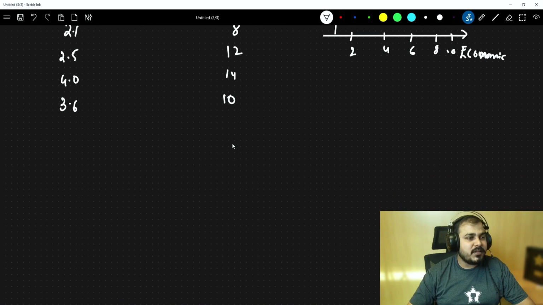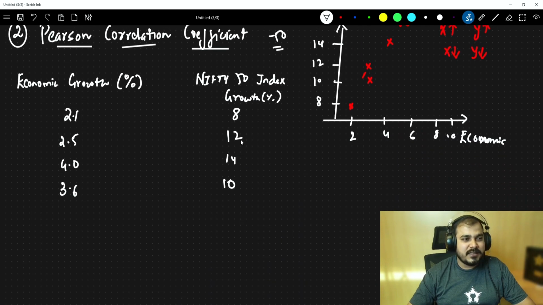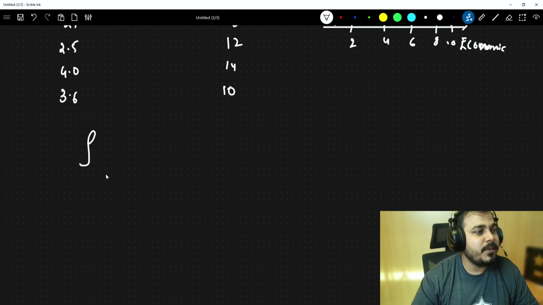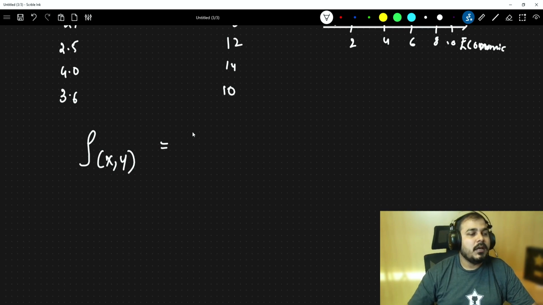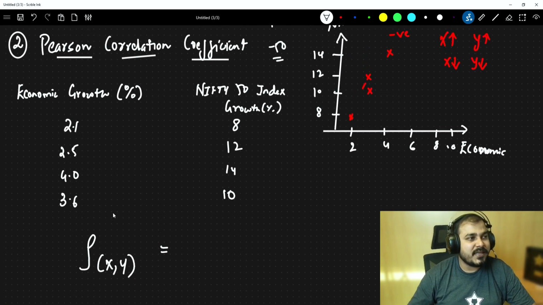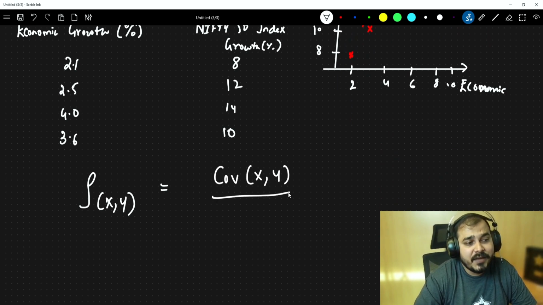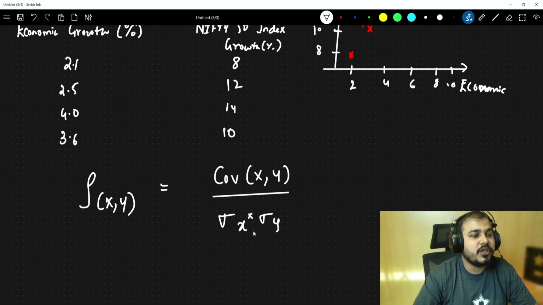So in order to overcome this disadvantage, we basically use the Pearson correlation coefficient. Now let's see how it is implemented. First of all, we'll discuss the formula. Pearson is given by this symbol, the Pearson correlation coefficient of x comma y, and the formula is very simple: covariance of x comma y divided by standard deviation of x multiplied by standard deviation of y.